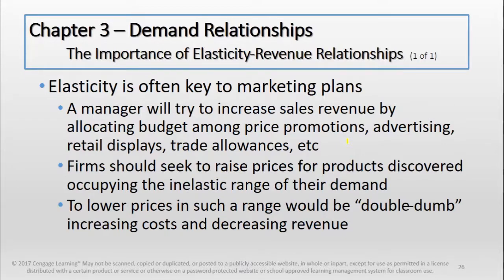So, firms should seek to raise prices for products found in the inelastic range of their demand. Why? Because it is inelastic. So, even if there is a change in price, the responsiveness of your demand is not that large.